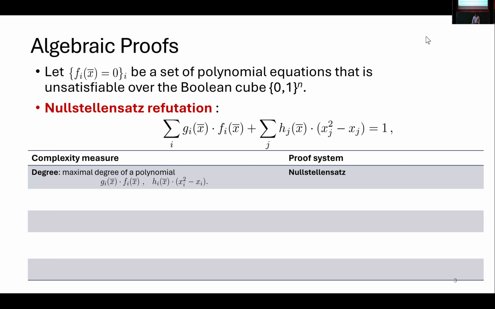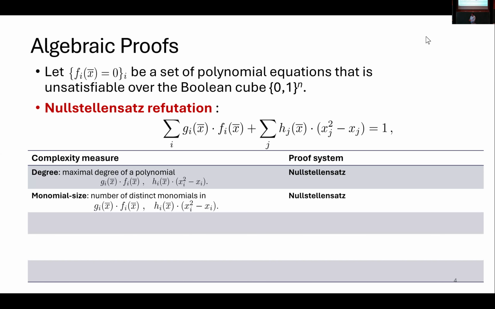And here, let's extend the complexity measure to understand what IPS is. So we have this spectrum of proof systems. Newtonian: the complexity measure is the maximal degree of the summands Gi times Fi, or a summand Hj times a Boolean axiom, right? That's the degree.